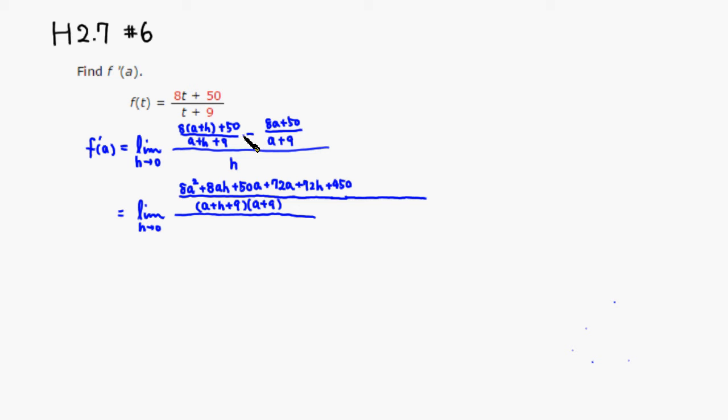Then we're going to have to multiply. It's going to have to be really long. So it's going to be a minus sign here.